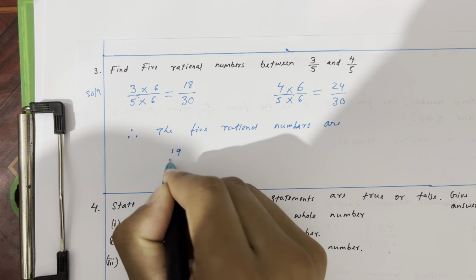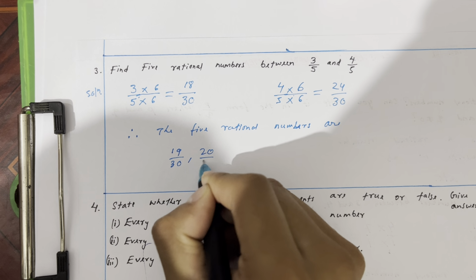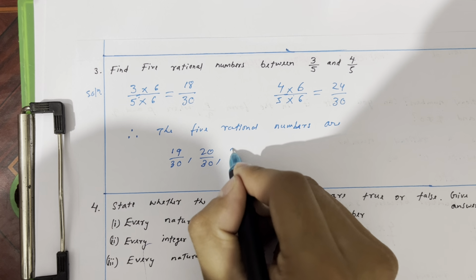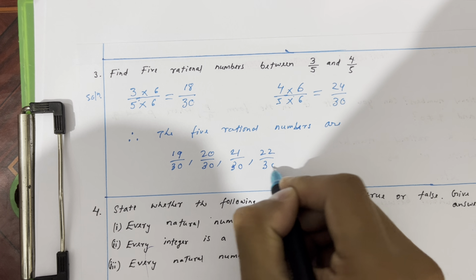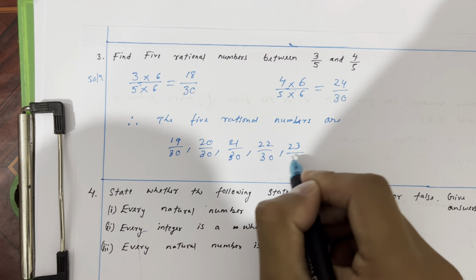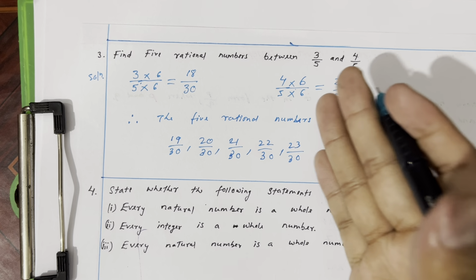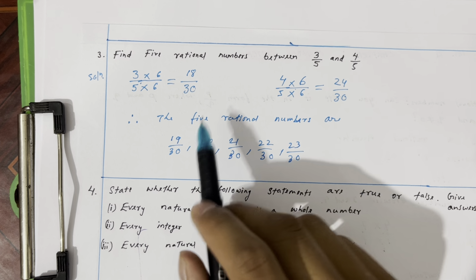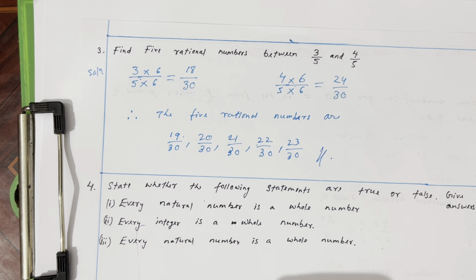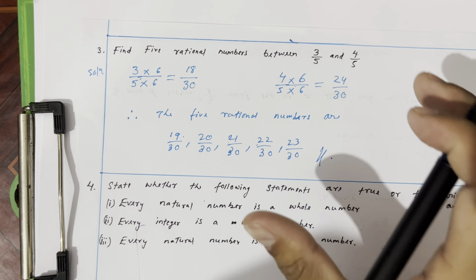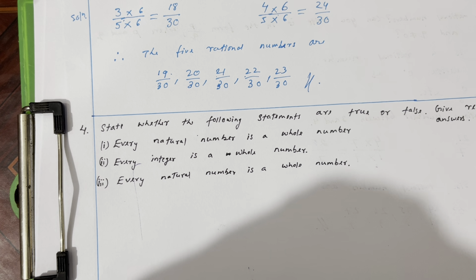So you start 19 by 30, and then 20 by 30, 21 by 30, 22 by 30, 23 by 30, till here 23. This 24 you conclude till here. Now how many do we have? 1, 2, 3, 4, 5. So this is the answer. So these are the 5 rational numbers. Clear now?